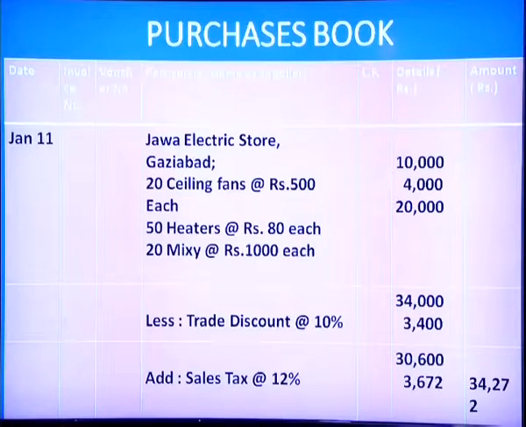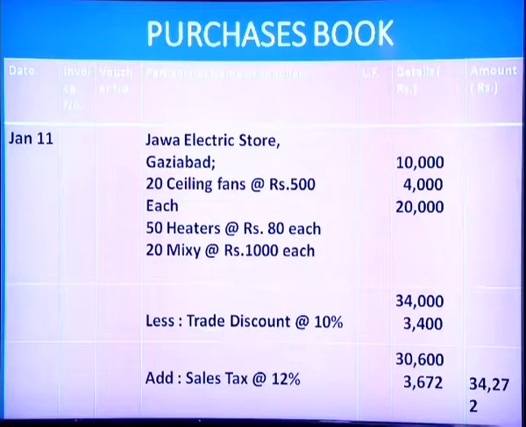Next, the supplier's name will be written in the next line, that is on January 11th, Java Electrical Store, and Ghaziabad is the place. We have written the name of the supplier here, and then the details of what we have purchased: ceiling fans, heaters and mixies. Its amount is written in the details column, and then we have deducted trade discount after totaling the items.